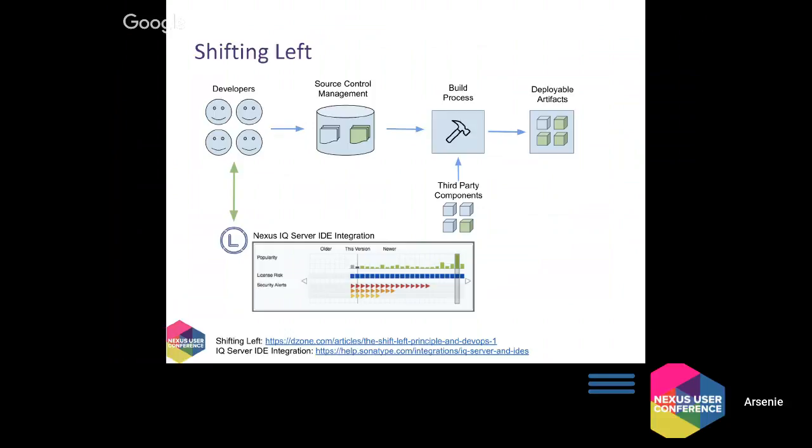One of the ways that Sonatype does this is the integration with the developer IDE, the Nexus IQ Server IDE integration. At the bottom, I have a picture that shows a sample of how this is done in Eclipse. It allows developers, before they commit to source control, to examine their software and take a look at the components that they're using, and make the right decisions early in the process.